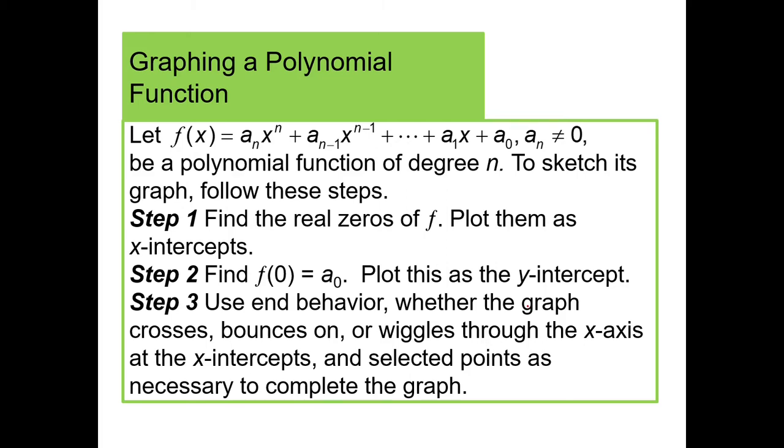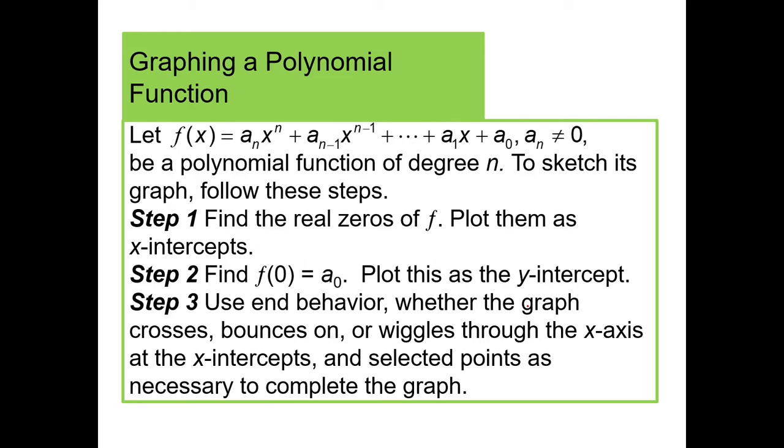So let's look at the summary of how we're going to graph functions of the form a sub n x to the n plus a sub n minus 1 x to the n minus 1 all the way to a sub 1 x plus a sub 0, and here the leading coefficient cannot be 0. To sketch this graph, we have to follow the steps. We have to find the zeros of f of x and plot them as x-intercepts.